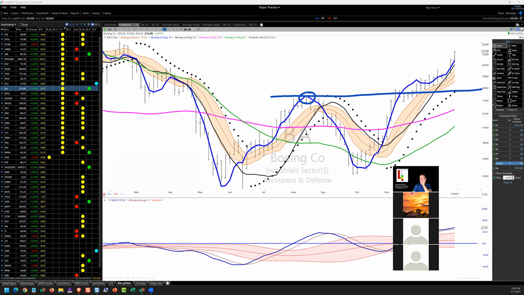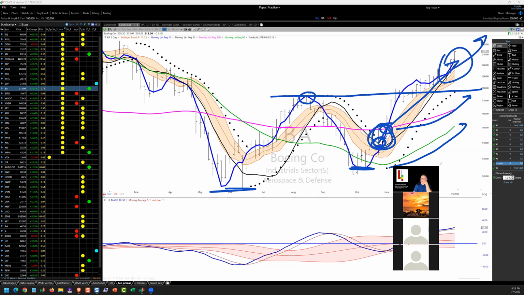Now I want you to notice how on the Kata 2 it broke through the RL270, and then this move here was strong enough to make the RL270 start sloping up and the 90 to be strong, and the 30 and the 10 are already up and away. But that's what it looks like at the moment of indecision.